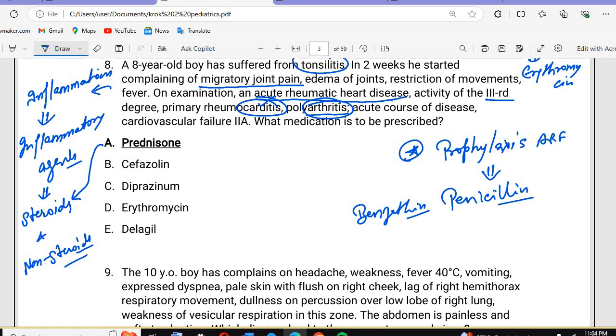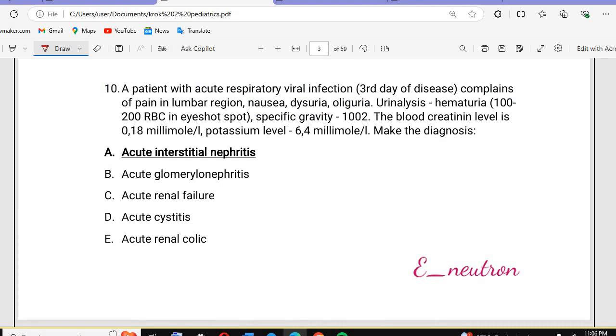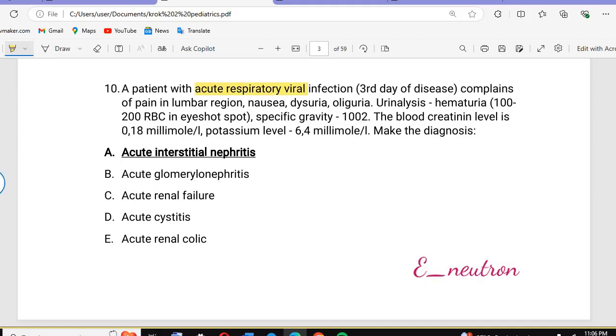Now look, a patient with acute respiratory viral infection, ARVI, third day of the disease, complains of pain in the lumbar regions, nausea, dysuria, oliguria, and urine analysis shows hematuria.